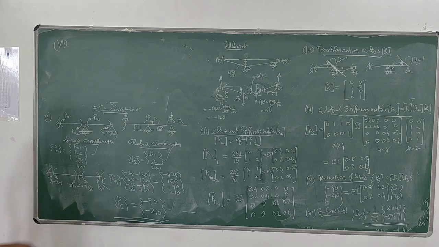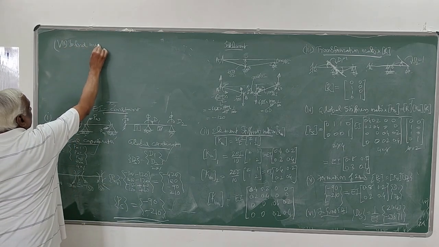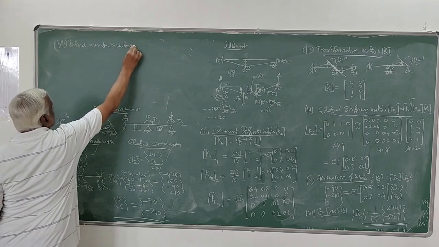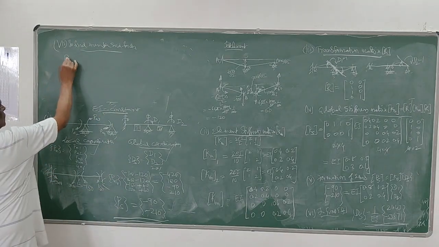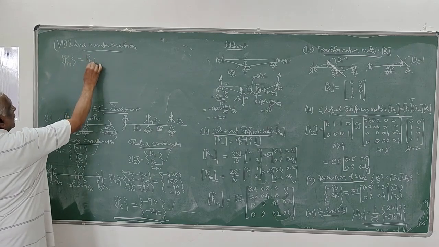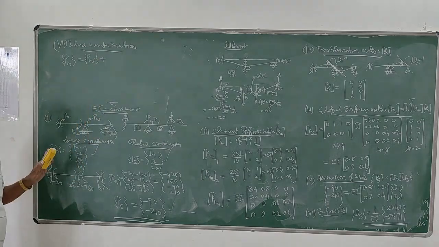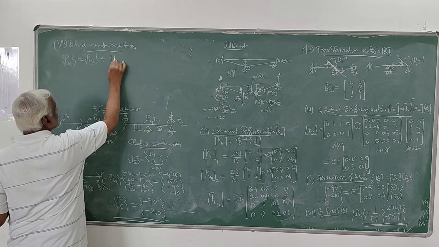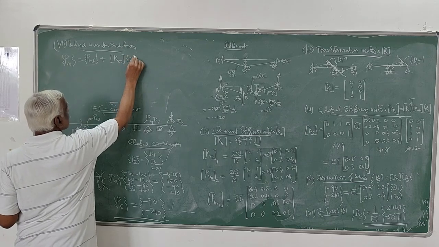The 6 steps are for finding the solution, and then to find the member end forces, that is the internal forces, you have this equation: PM is equal to PMF plus this also to be added, that's all. Otherwise, you need not. PMF is Km into DS.